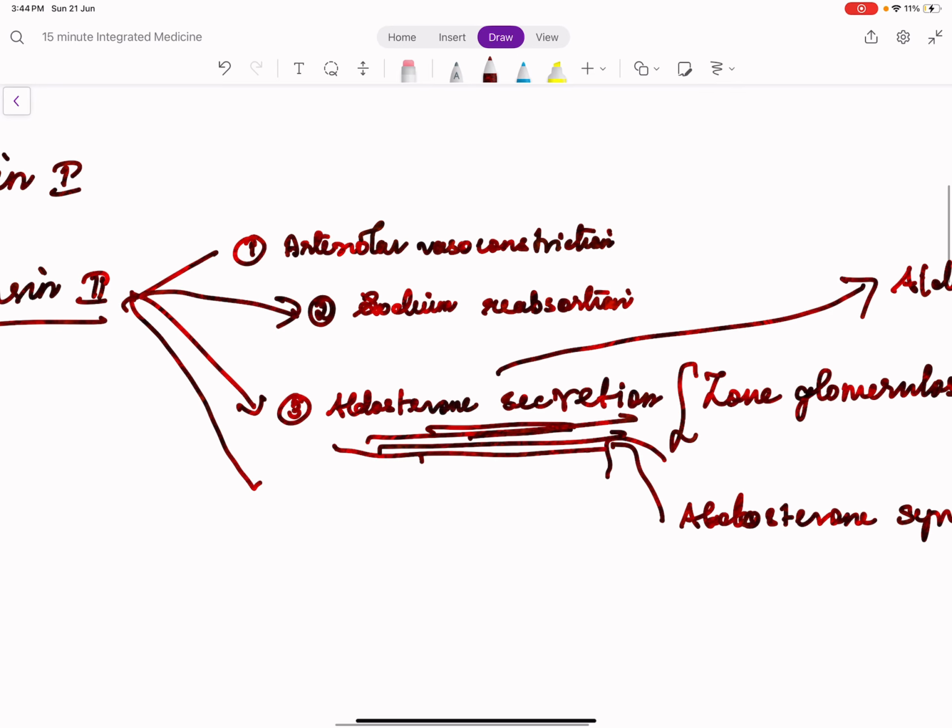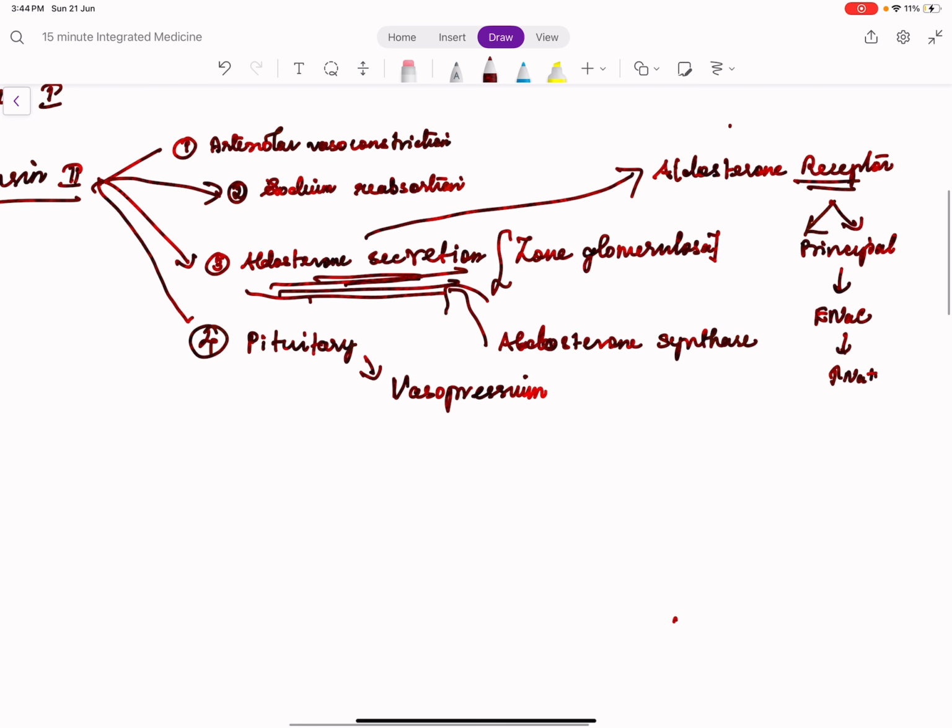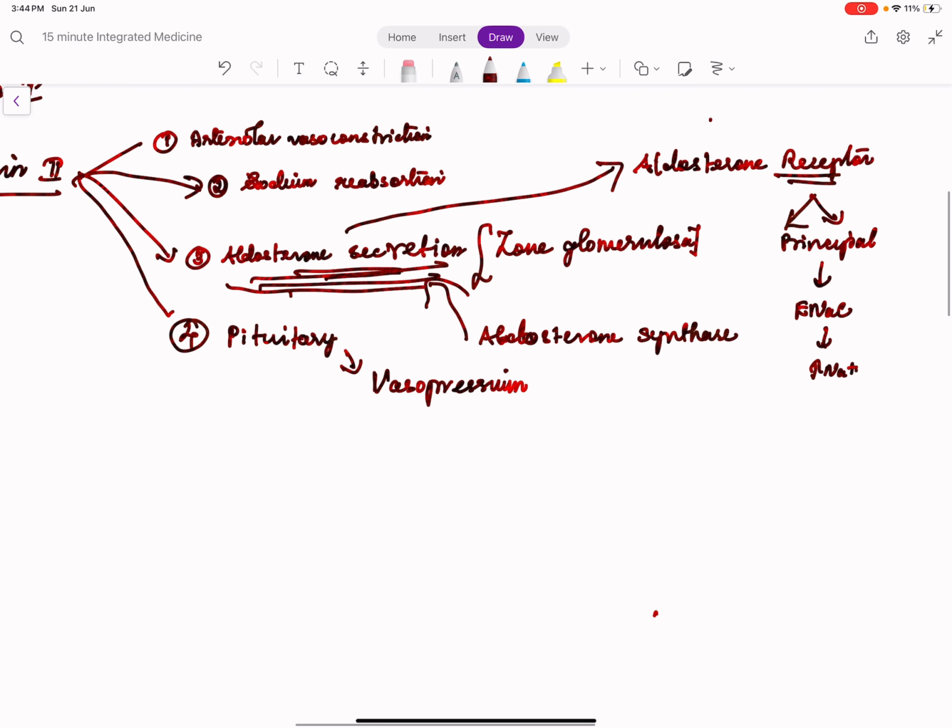The fourth action is that the same angiotensin 2 also acts on the pituitary to produce vasopressin. Vasopressin again causes sodium and water retention to increase BP. So these are the four main actions of angiotensin 2.